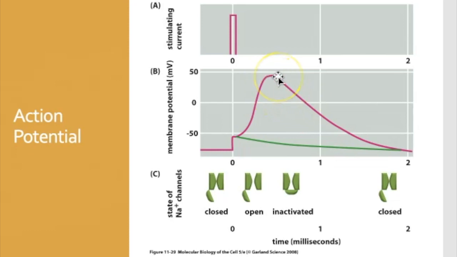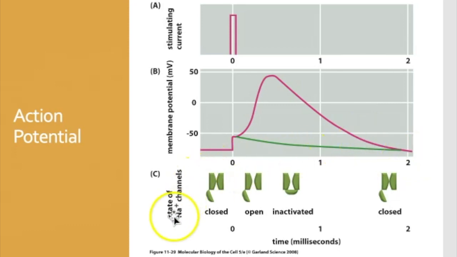Remember, this is not hyperpolarization, this is repolarization. We have to get down to resting membrane potential and then below it to be in hyperpolarization. So this part here is hyperpolarization. The negative resting membrane potential below minus 60 millivolts.